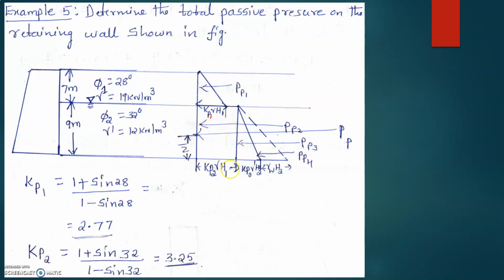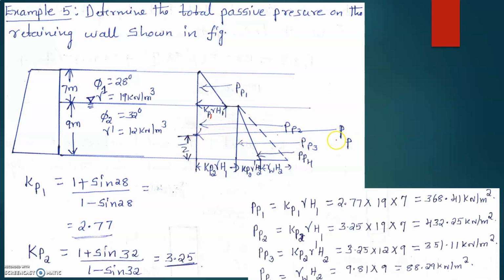So it comes like this. This is Kp2 gamma H1 and then this portion is due to the submerged soil, Kp2 gamma dash H2, and this is gamma W into H2. Let this be Pp1, this Pp2, this Pp3 and this Pp4, and this is the total passive earth pressure.